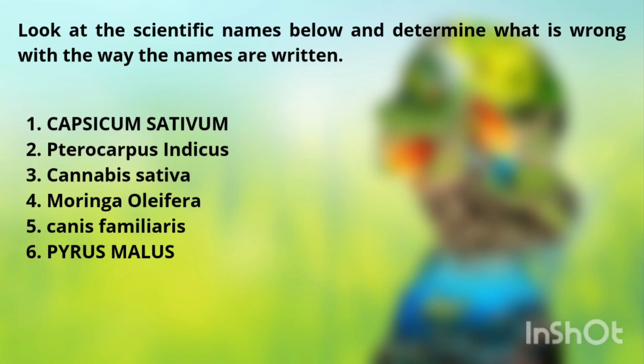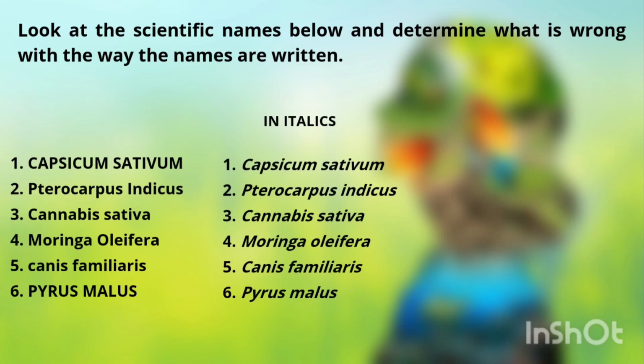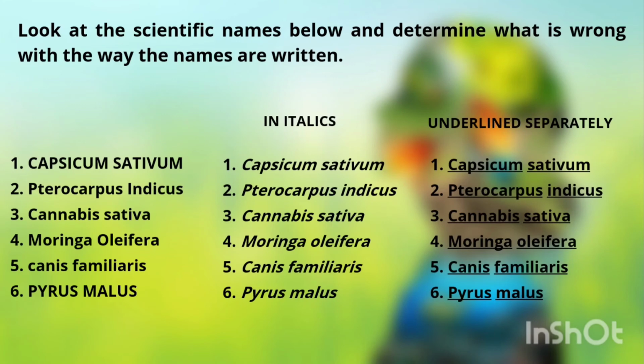Alright, let us compare our answers. If you have written the scientific names in italics, this must be your answer. Or, if you have written them not in italics, you have to underline them separately. Make sure that the first letter of the genus name is capitalized while the rest is not capitalized.